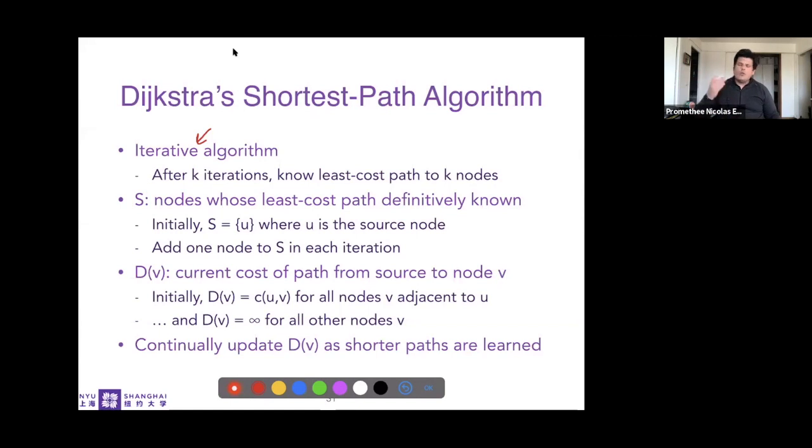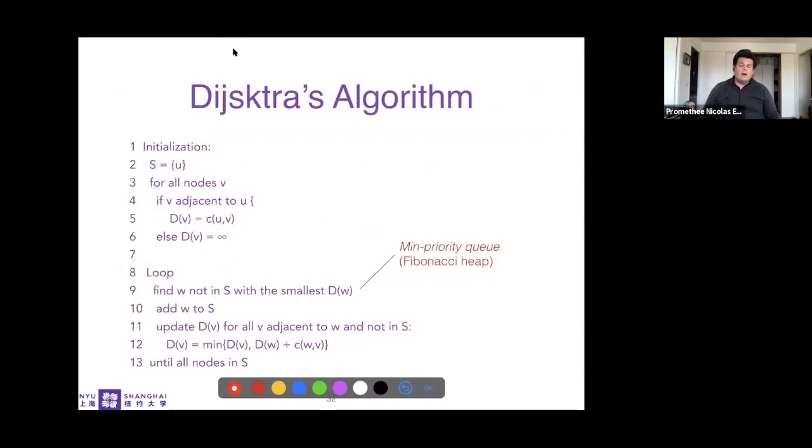Anyway, we have pretty good complexity for this kind of algorithm. Here I'm giving one of the ways of doing this, and this is called the Fibonacci heap. We take the min priority queue, which means that if you look into the algorithm, we start by looking at our neighbors, taking the shortest one.